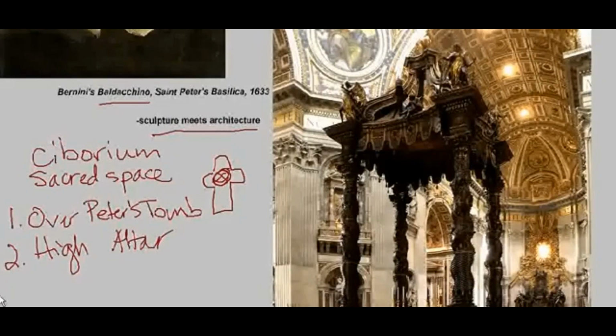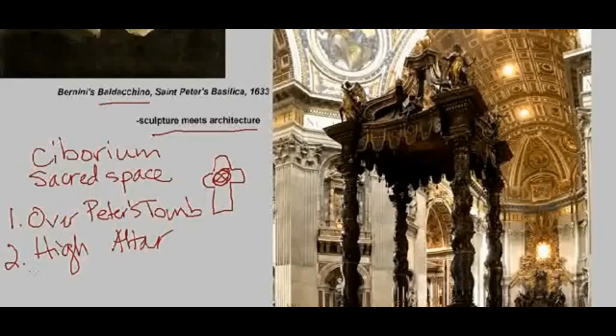This baldacchino, in its very strategic placement, reminds the viewer both of what the church can do for you, and that is providing you with salvation by way of the sacrament, and it reminds the visitor of the Catholic Church's very long and esteemed history by way of St. Peter.